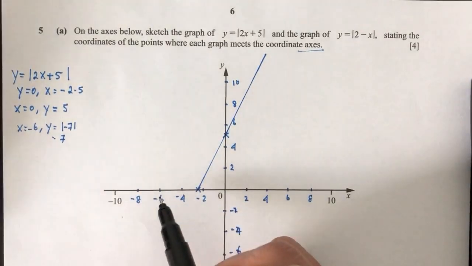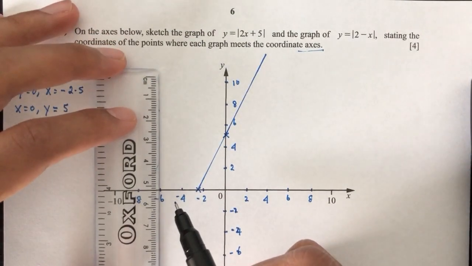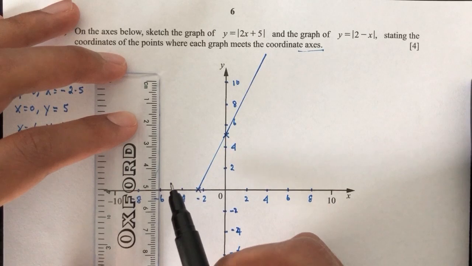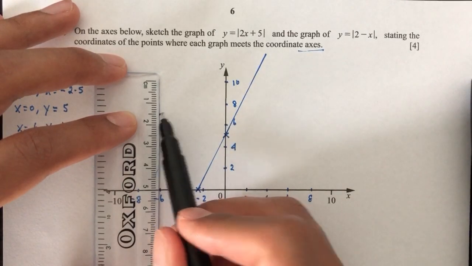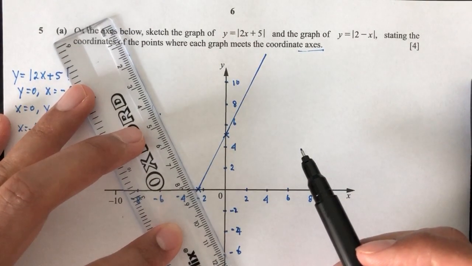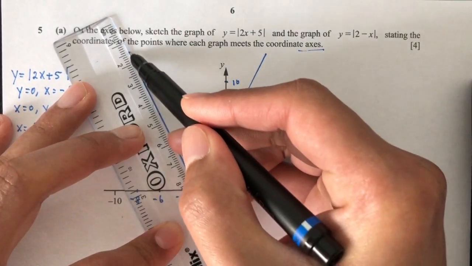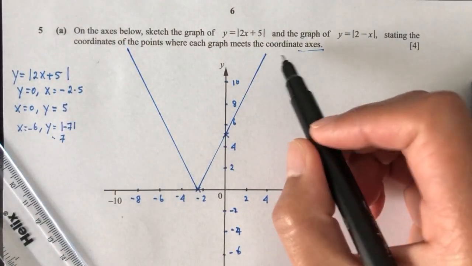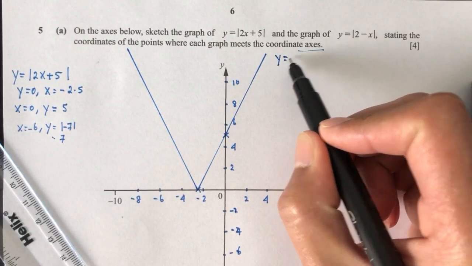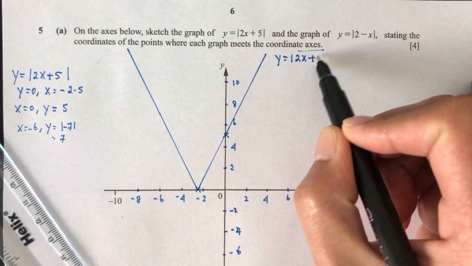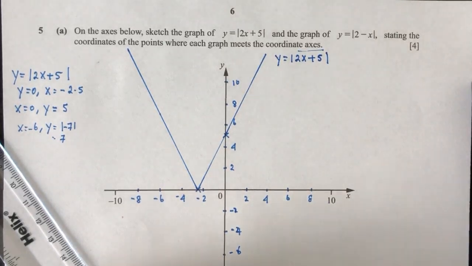So minus 6, 7 will be between 6 and 8, right here. So your graph for this one will be like this. That will be y equals modulus of 2x plus 5. That's the first graph.